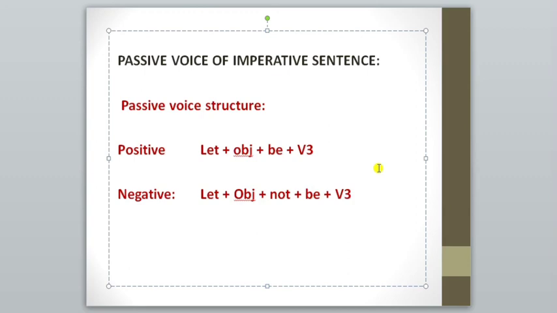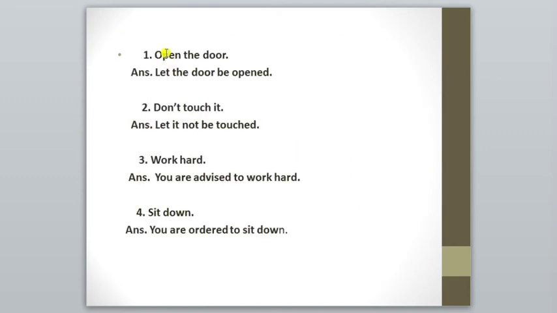So then we will take let the door not be opened. Okay. Let us see sentences. First, open the door. Open is the verb, the door is the object. So, let the door be opened.